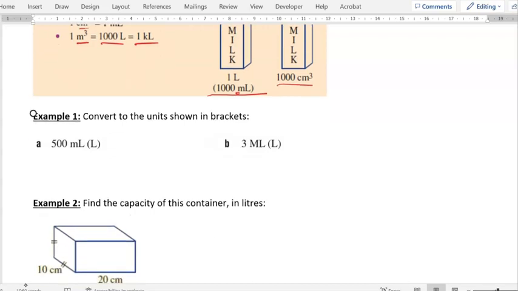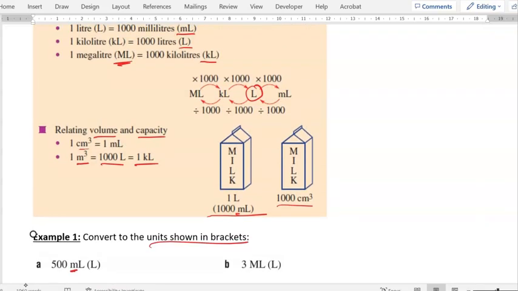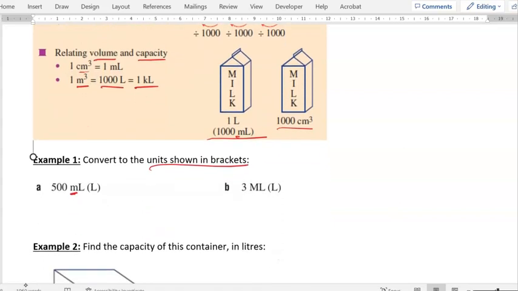So let's convert. To convert to the units shown in brackets, I'm going to go from small m milliliters to liters. So how do I do that? From milliliters to liters, I'm going to divide by 1,000, so I can get a smaller number to represent a larger amount.